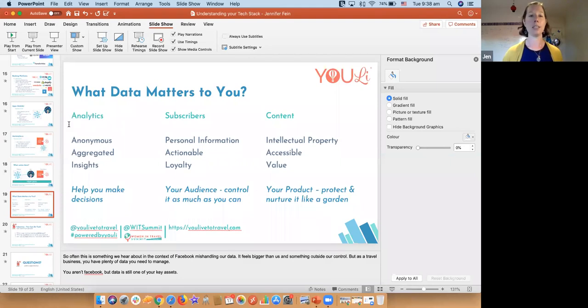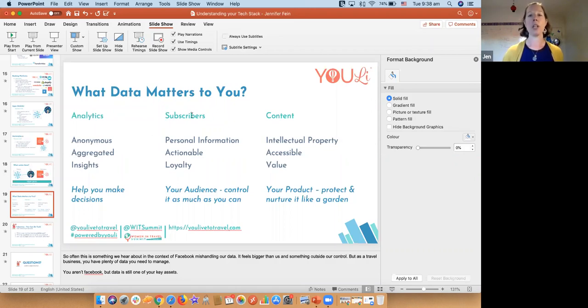So analytics data tends to be anonymized, aggregated, and provide you insights. This can help you make decisions and is typically offered by an analytics platform. A free one being Google Analytics, but some paid ones being Heap, which is one that I like a lot, and FullStory or Hotjar, things like that.